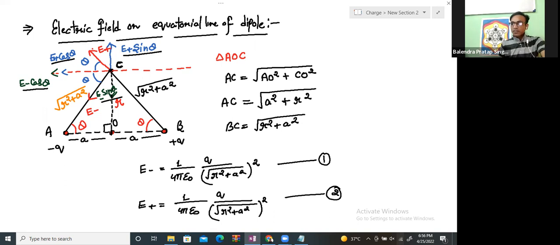I will again discuss the geometry if anyone has any problem. Tell me when you're done. It's all about resolving the vector.